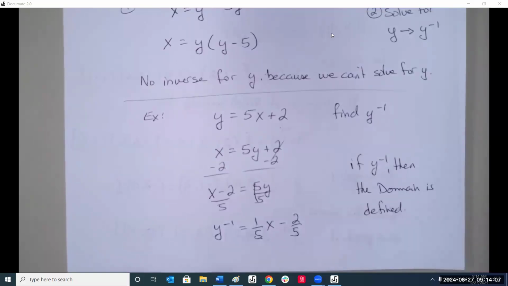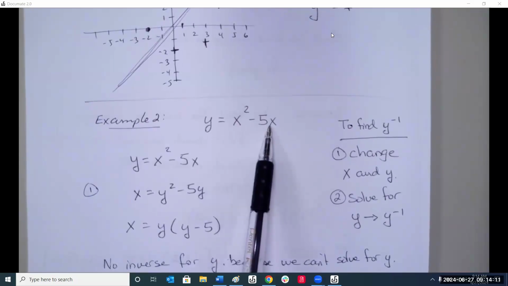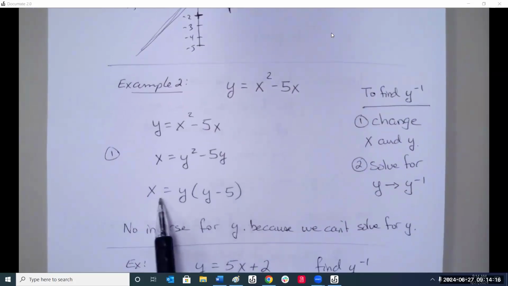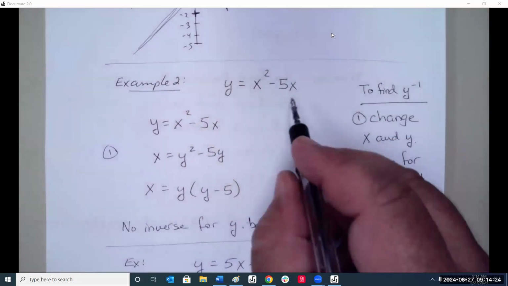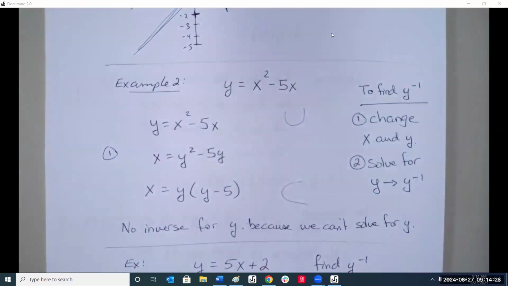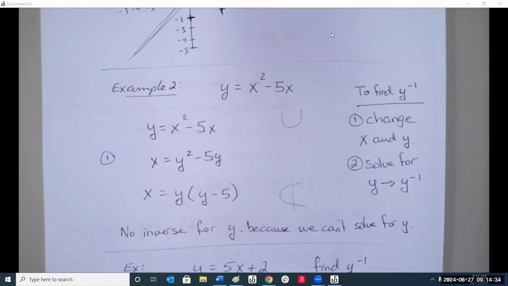So like this one here, the domain is negative infinity to infinity, but since the inverse doesn't exist, it doesn't have a domain, because this one would be a parabola, this one would be a hyperbola. It's not a function. They don't have inverses.